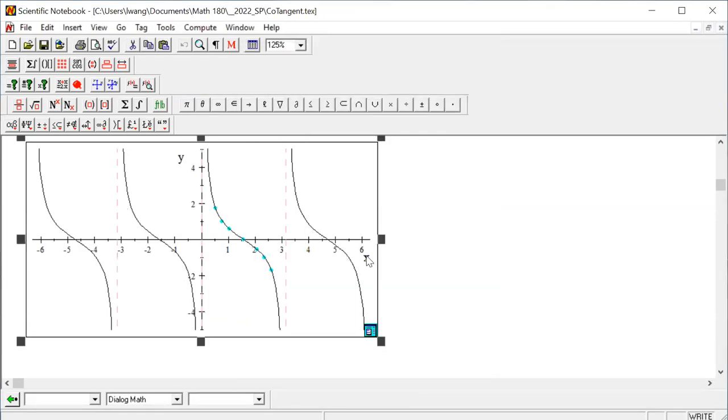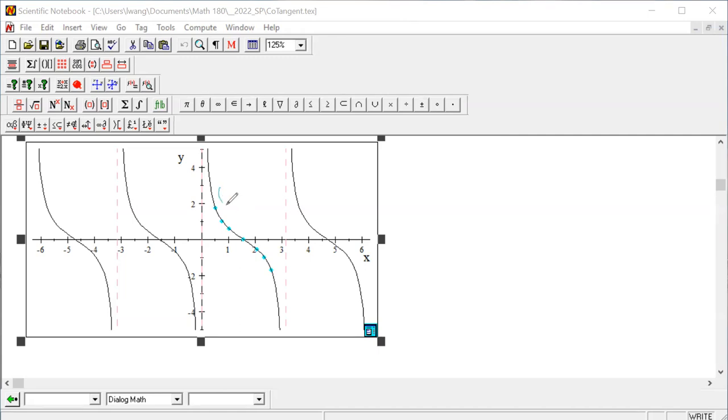So these are the vertical asymptotes. What are these points, if we still remember? Let's mark these points. This point is too thick, so I'm going to write it thinner.